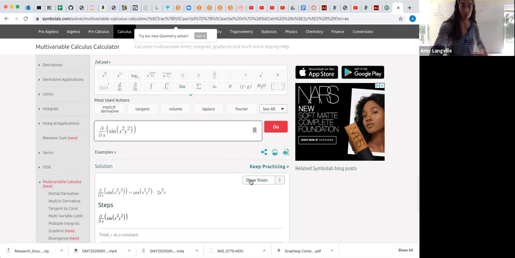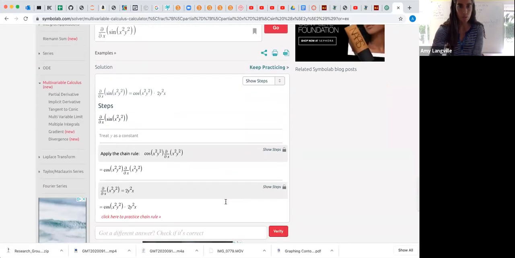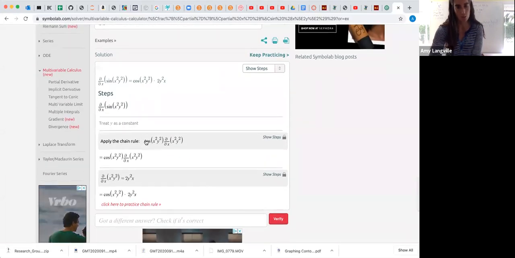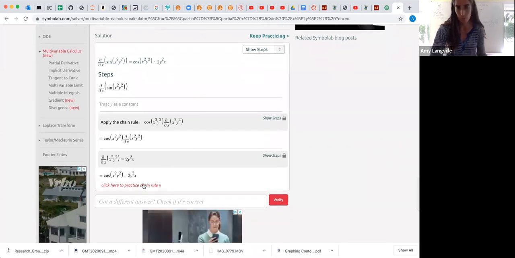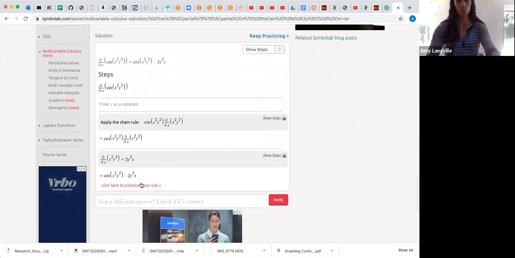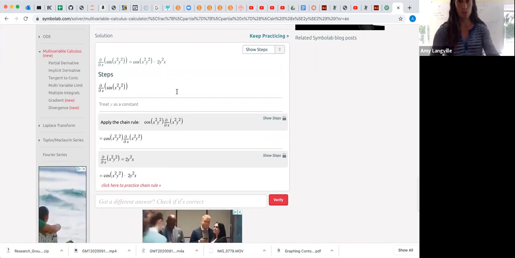But for the ones it can do, you can hide steps, show steps, and it'll talk you through which things are treated as a constant. They get pulled out, and then you're really just taking the partial with respect to x of x squared y squared. And there are more practice problems. So this is a good tool if you're really having trouble doing the partial differentiation.